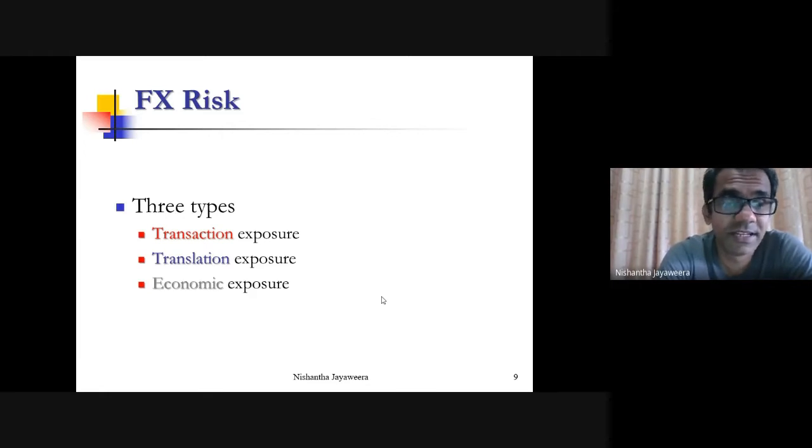Whenever you say level of uncertainty involved in international trade, it can be anything. It can be demand and supply for whatever the goods or services that you want to trade. So many things. But here we focus only on the foreign exchange risk. So in that context, what would be the transaction exposure?